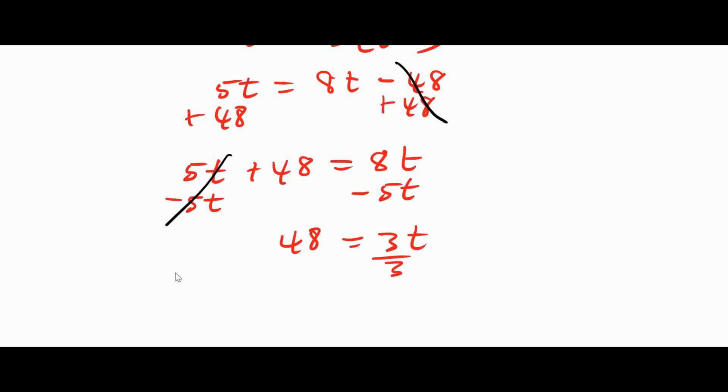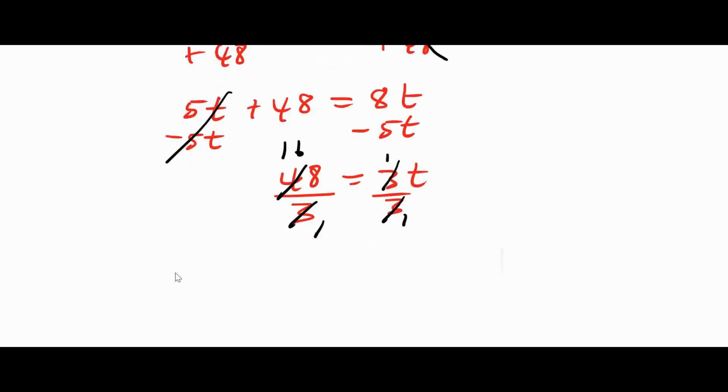So divide both sides by 3, and 3 would cancel to give you 1. Into this is 1, and into 4 is 1, into 18, 6. So T is equals to 16 hours.